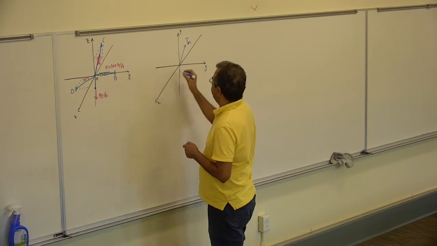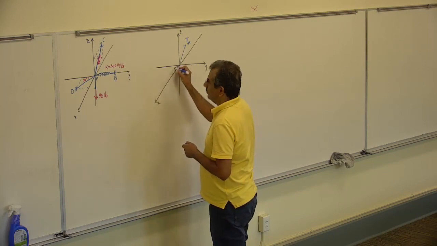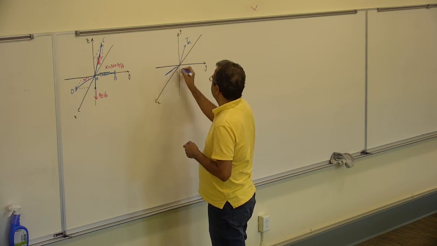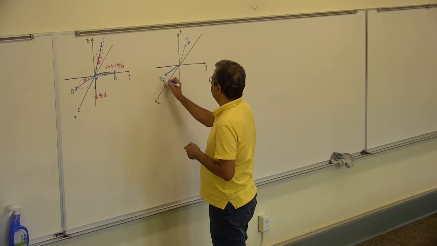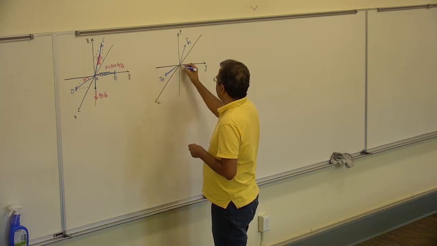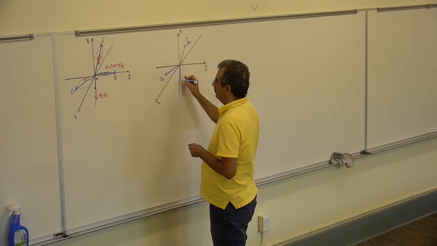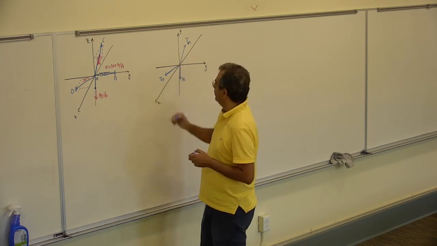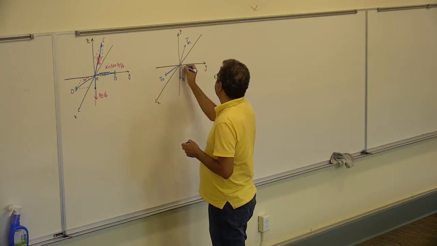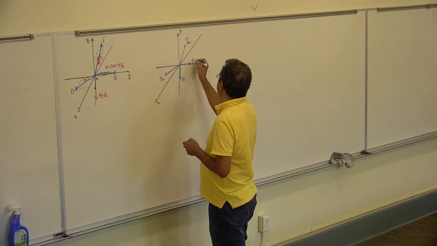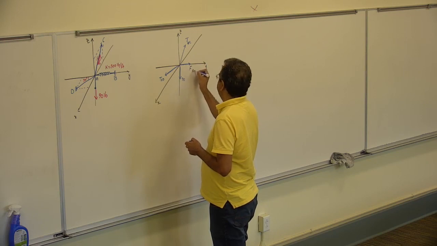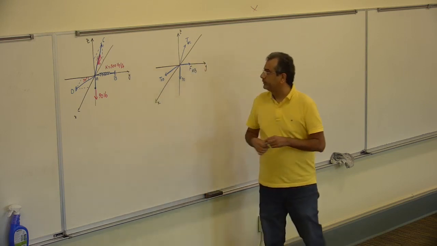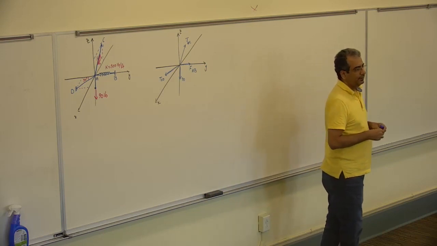Then I have the AD. I have 90 here, and I have FAB. I write all my forces like that.